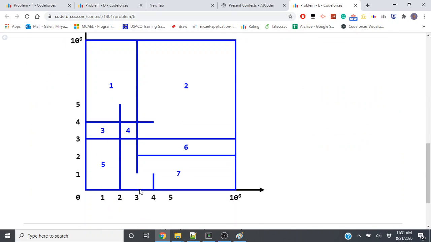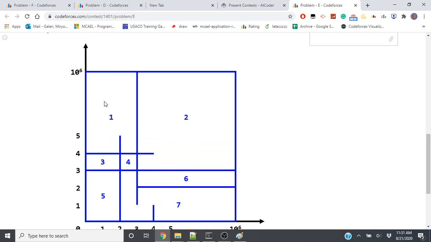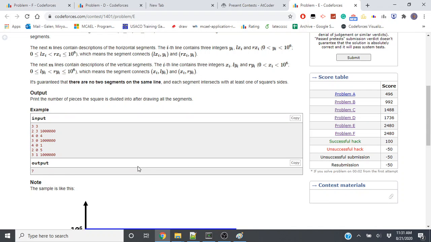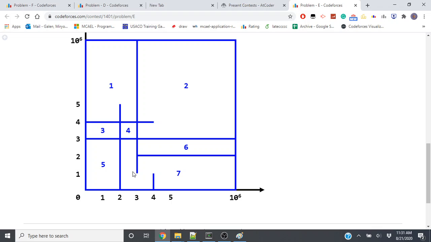Each segment intersects with one of the square sides. Why is that useful? Let's see. So we can merge all of the vertical and horizontal ones. Then we're going to have some sort of structure. We have like a cave, like stalactites and stalagmites. I don't know what to call them. I only have one sample. I guess the strong sample, but still.